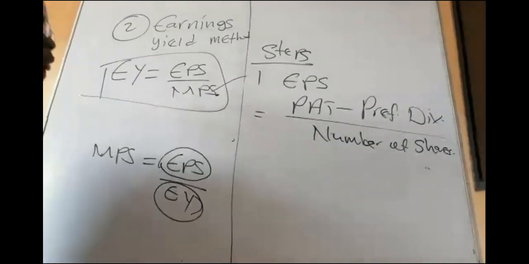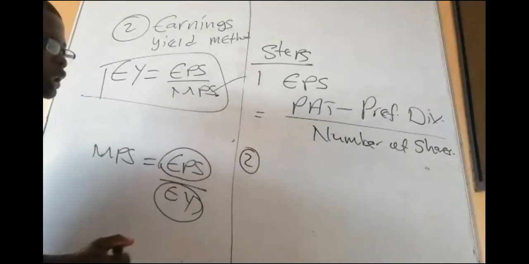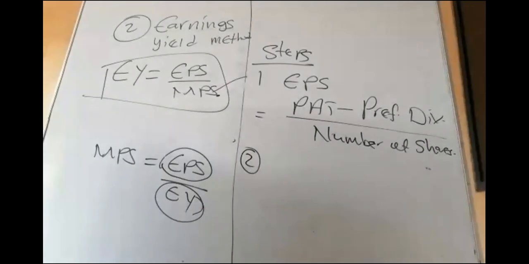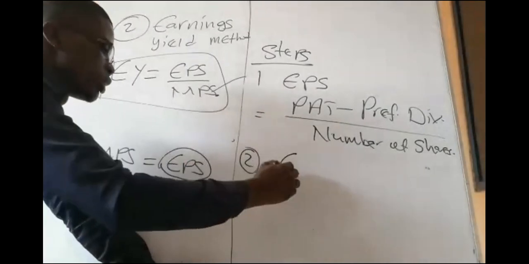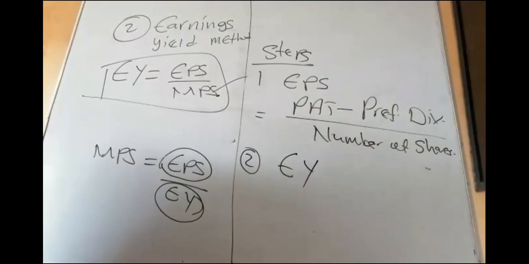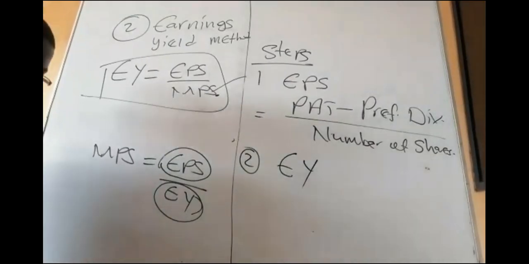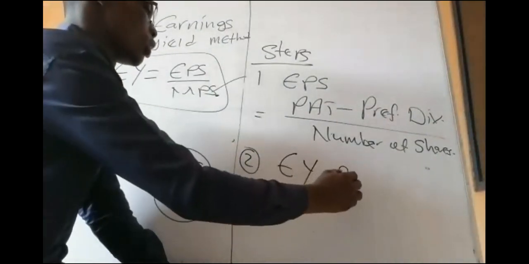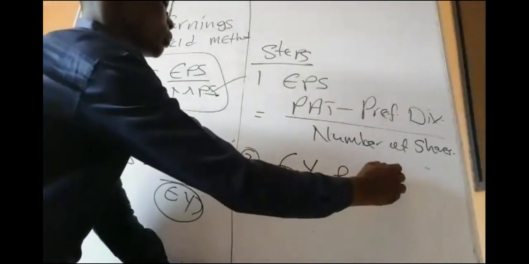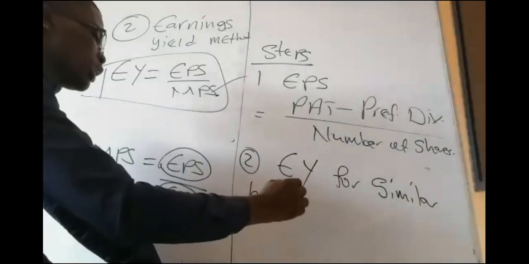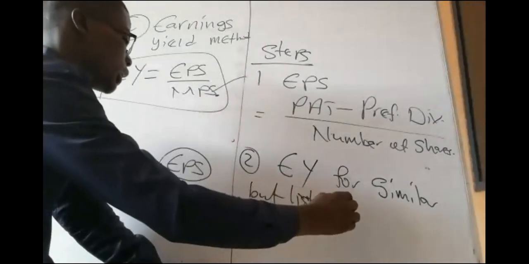Then step two, of the only 3 steps. Calculate the earnings yield for a similar but listed company.